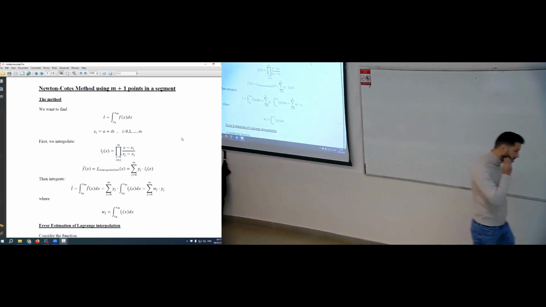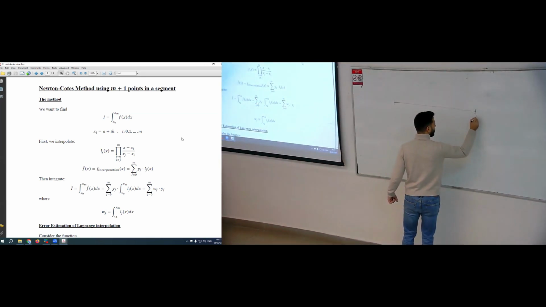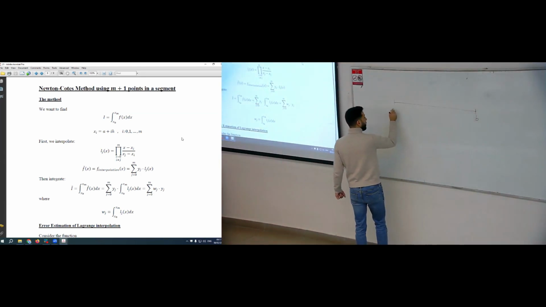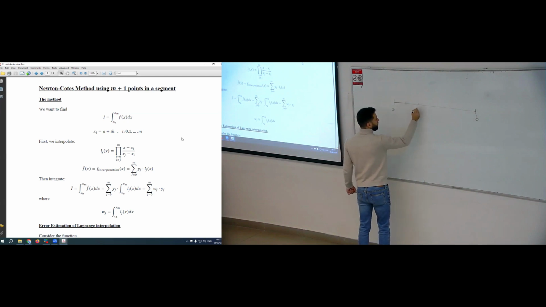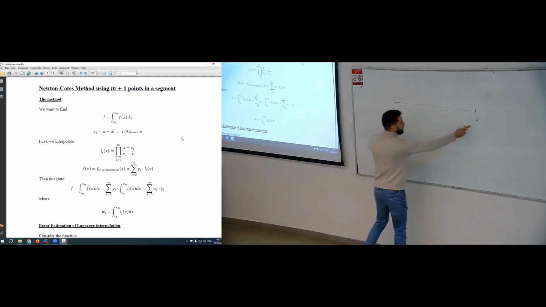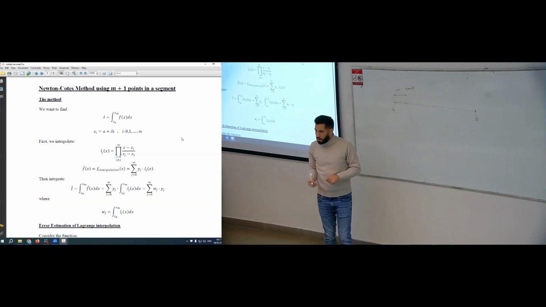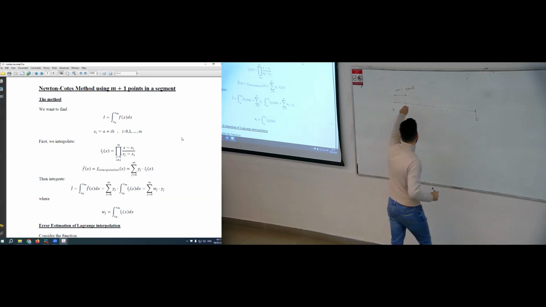Now we can take A to B, that's B, that's A, and divide it into, let's say, n segments, but at each segment, we take m plus 1 points. And we interpolate the function at this segment using these points.